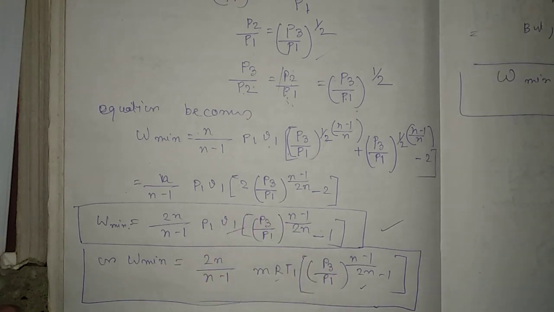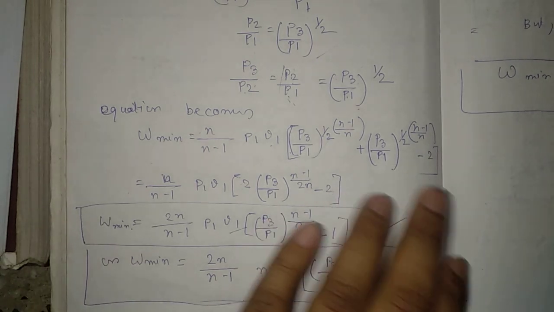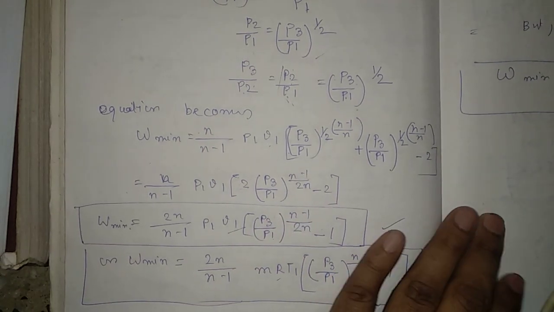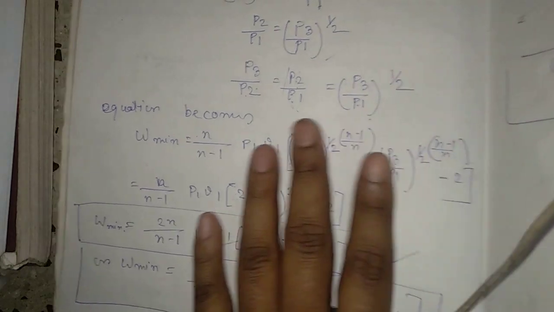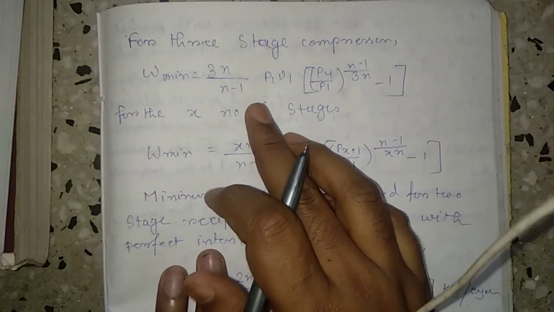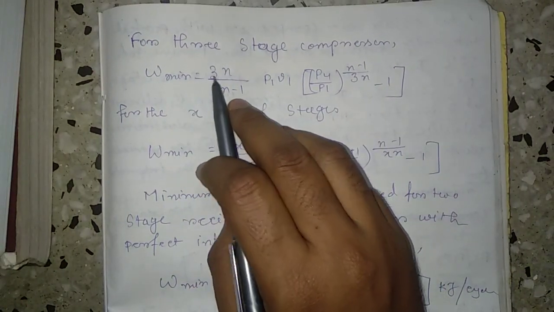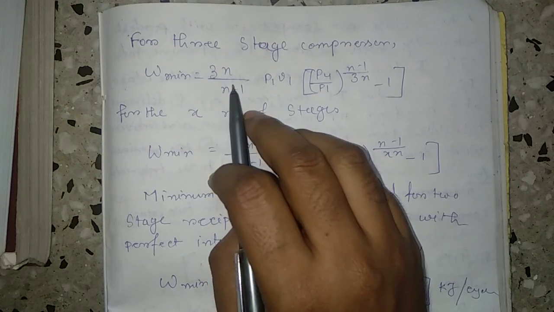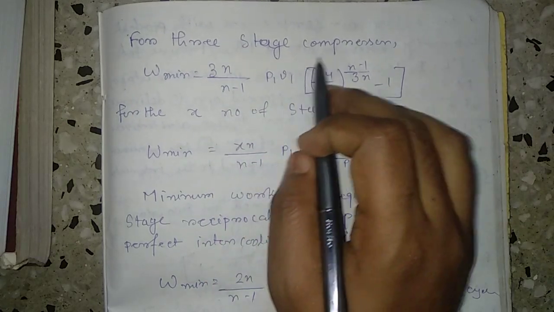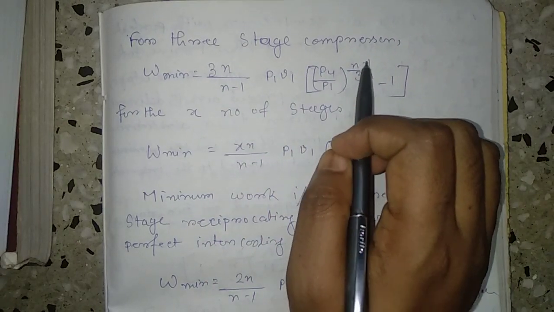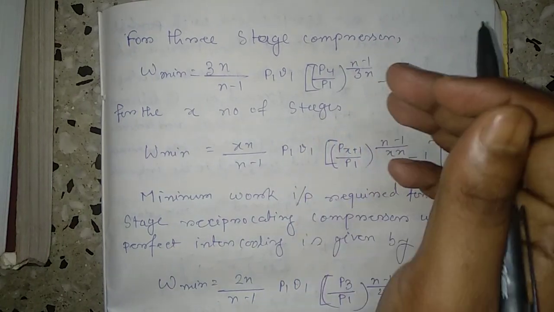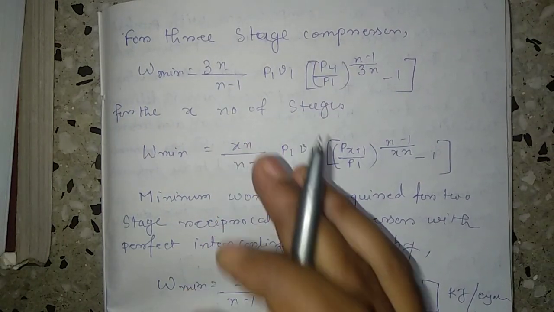Now if it is a 3-stage compressor, the minimum work done required with perfect intercooling will be 3n. For 2 stages the expression was 2n divided by n minus 1 into P1 V1 in the bracket, (P3 by P1) to the power (n minus 1) by 2n, minus 1. That was for the 2-stage compression process.